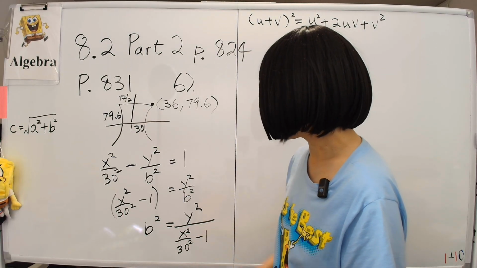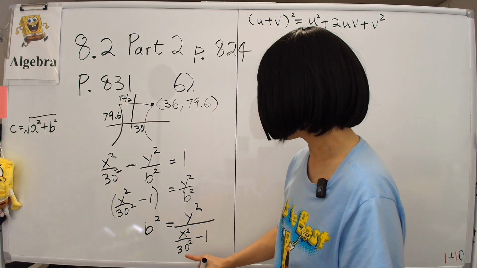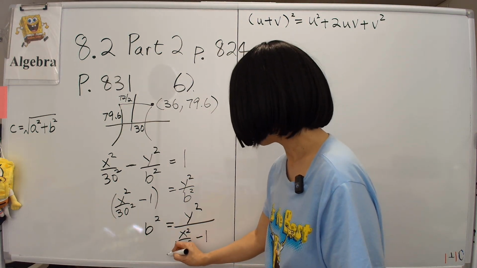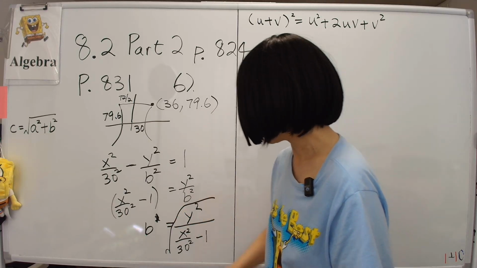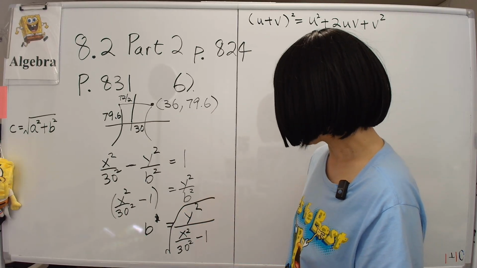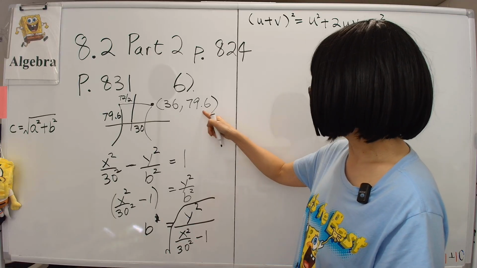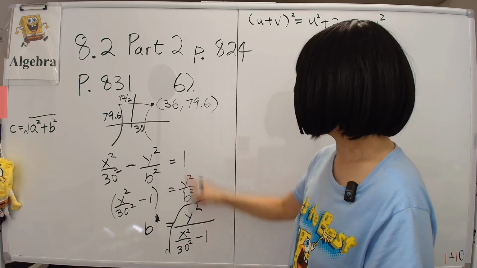Then we take the square root of this whole thing, and that gives us b, where y is 79.6 and x is 36.